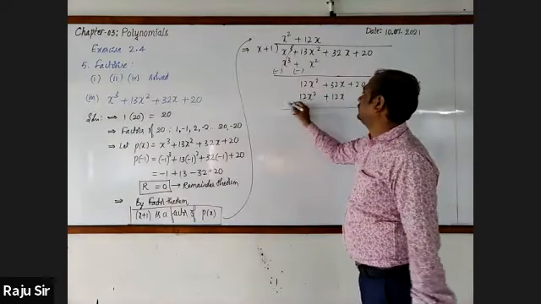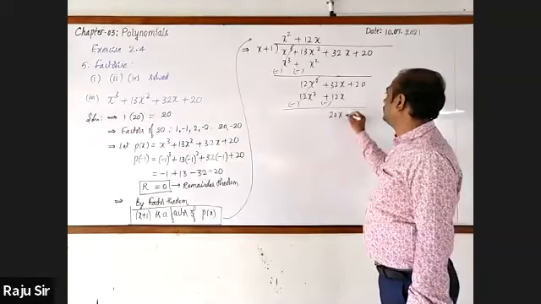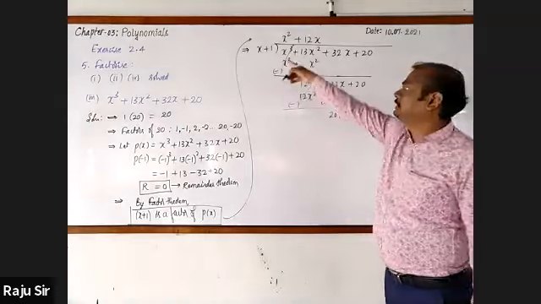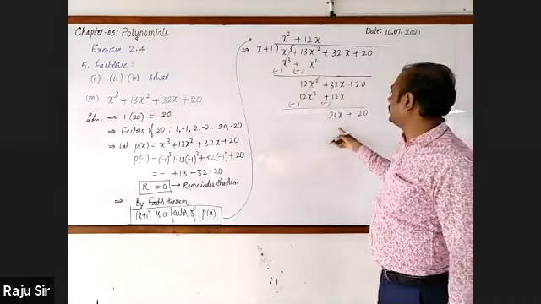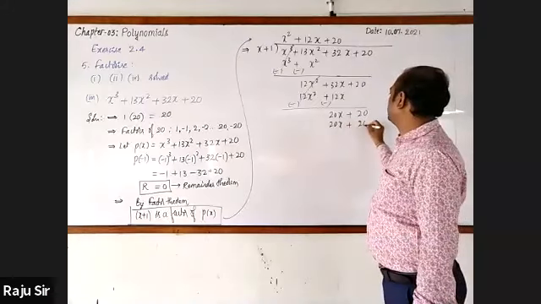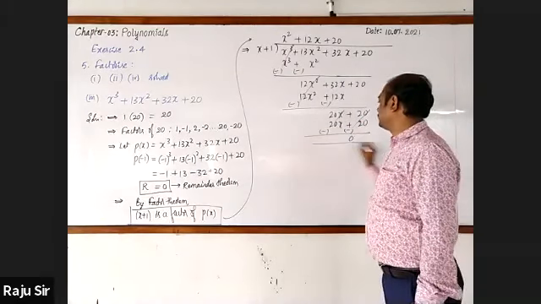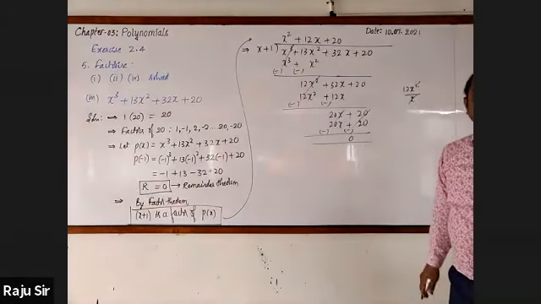Let us change the sign, minus, minus. First term gets cancelled, 32x minus 12x is 20x, plus 20. 20 into x is 20x, plus 20. Change the sign, minus, minus. Cancel. 0. Remainder is 0.